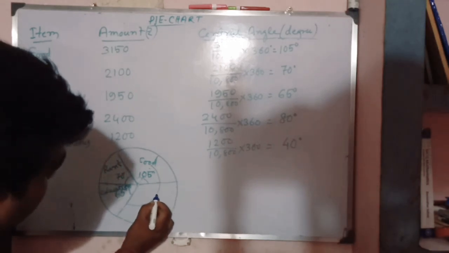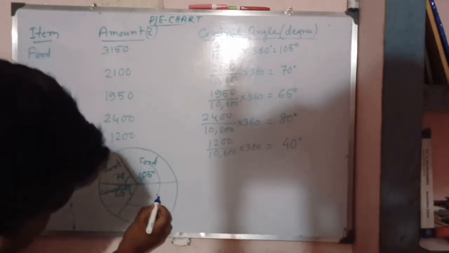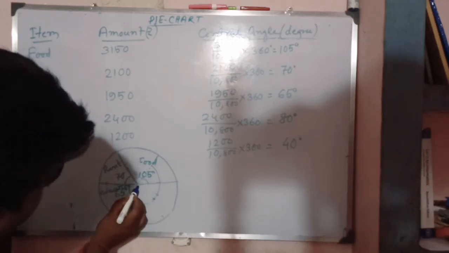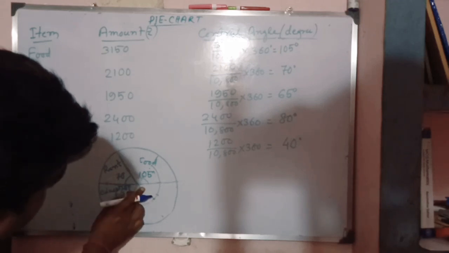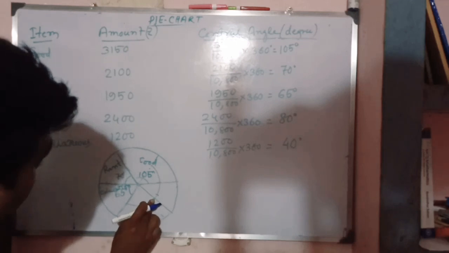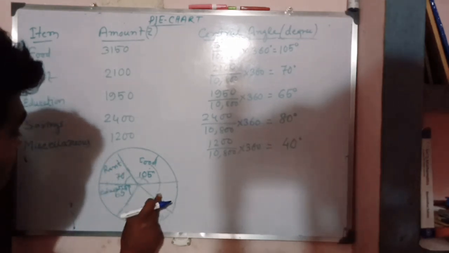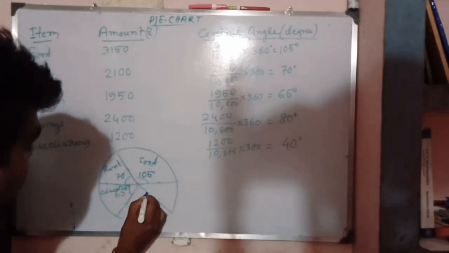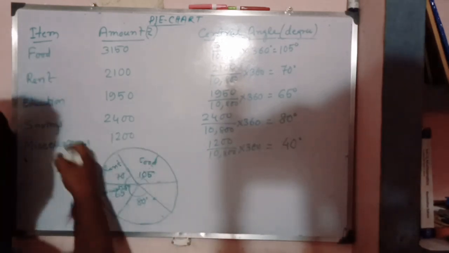So this is 90 degree of the protector. If we imagine, this angle should be 80 degree. So we draw it. Now take out the protector from here. This is 80 degree, and that is for savings.